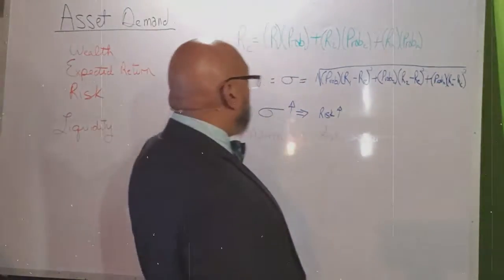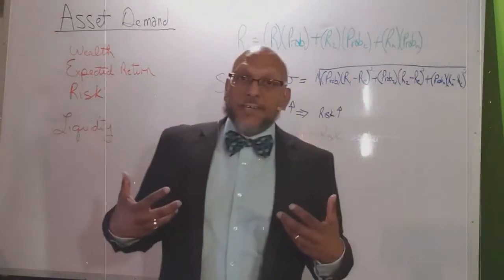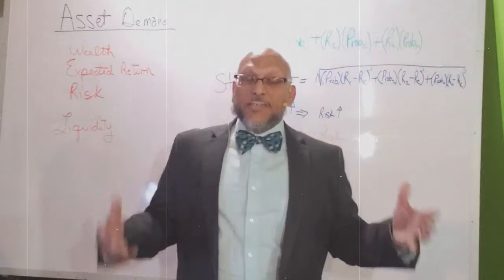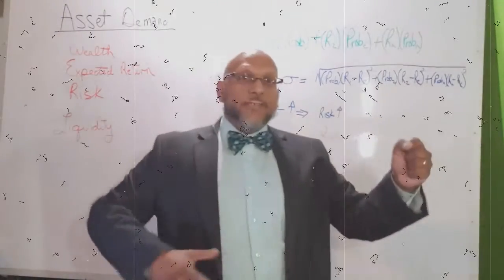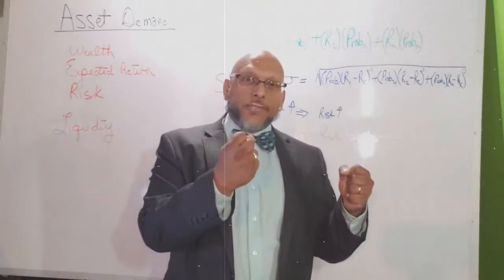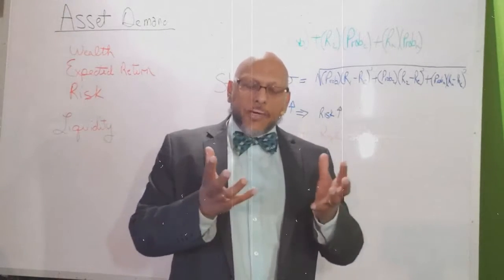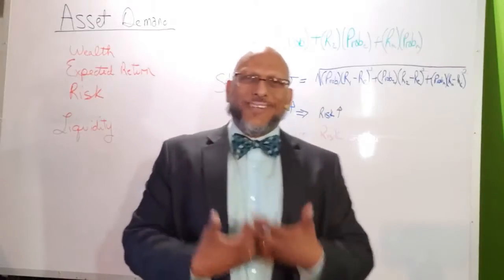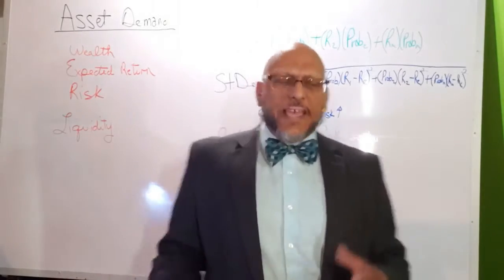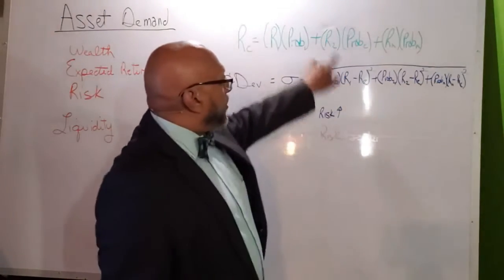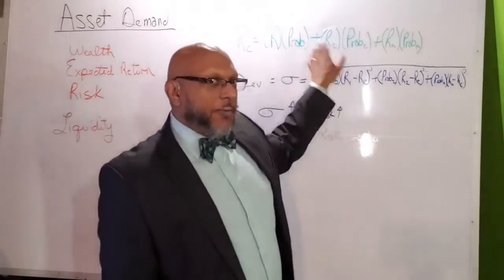So we're adding back in the standard deviation. The standard deviation combined with the rate of return, or expected return, will give us a fuller understanding of that asset. So we go back to what we have already, the probability and the rate of return.